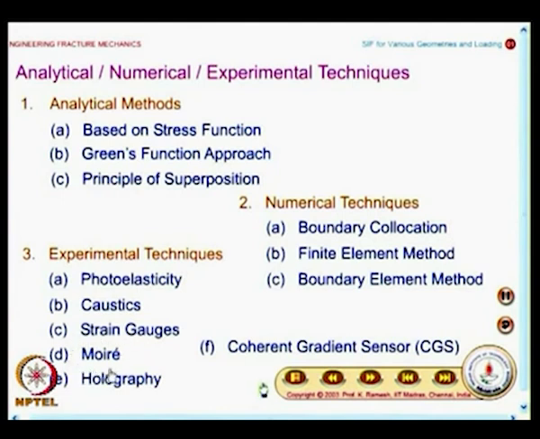Then you have the use of Moire. We have seen isostatics. Then you can also see the experiments based on holography, and we have also seen isopachics, sigma 1 plus sigma 2 contours, and a variation of caustics known as coherent gradient sensor.